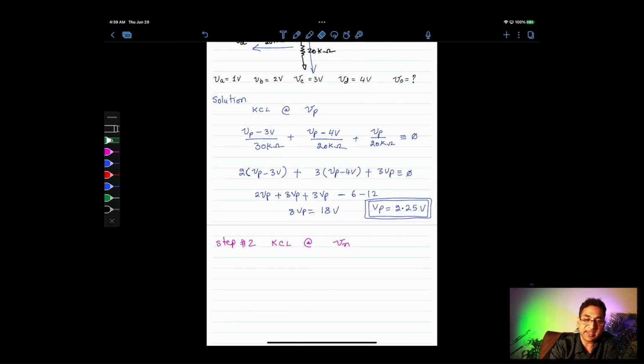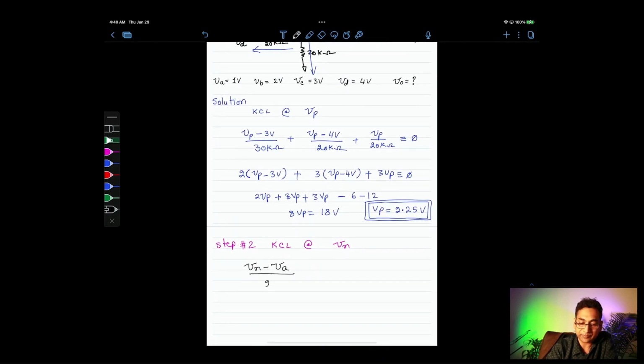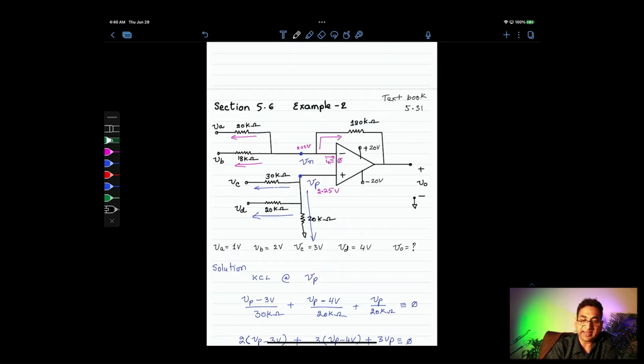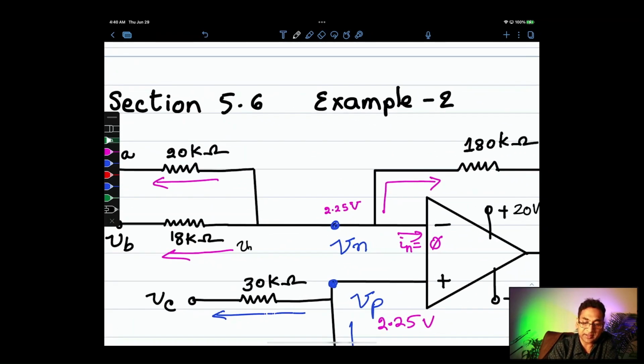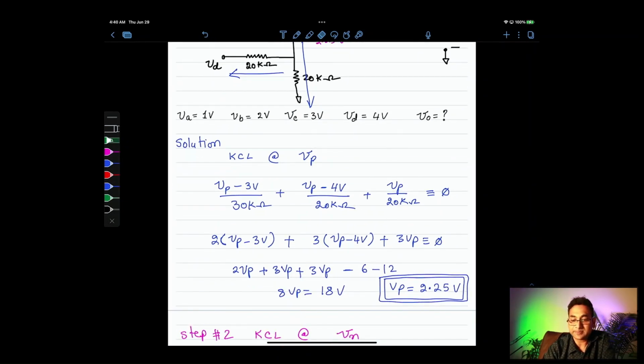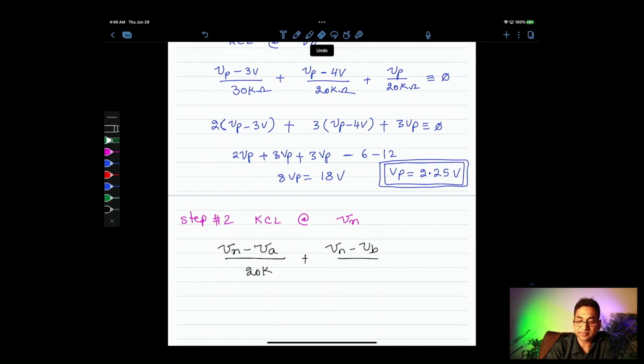So Vn minus Va by 20k, plus Vn minus Vb over 18k, that's 18 kilo ohms, plus Vn minus Vo over 180k.